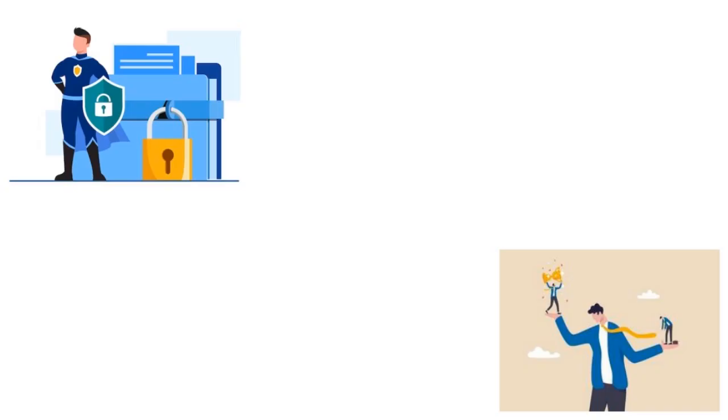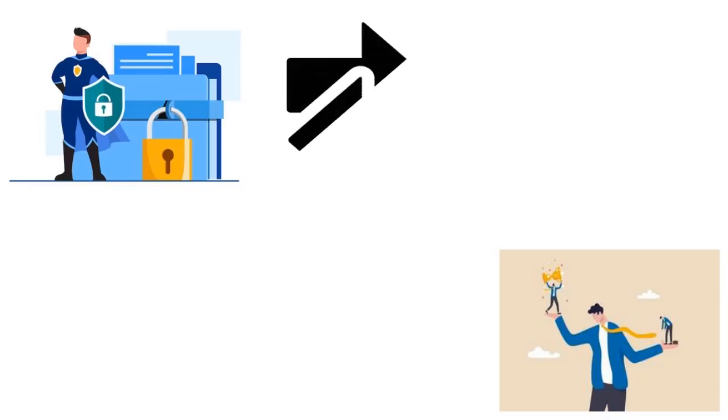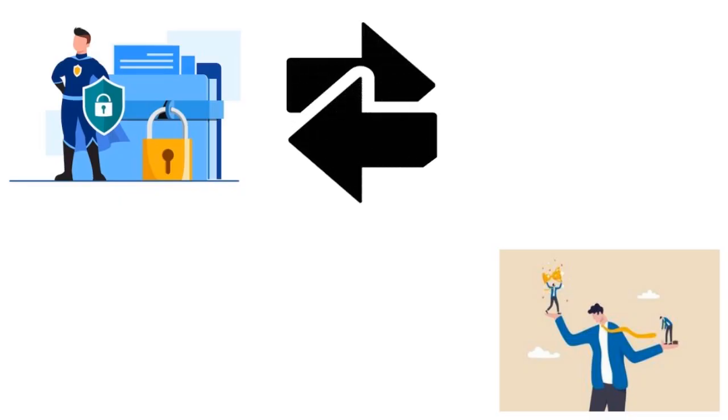Now let me explain the big question: what's TLS? Well, often the terms TLS and SSL are used interchangeably, but there is a difference between the two. TLS, short for Transport Layer Security, is really an enhanced and more secure version of SSL.